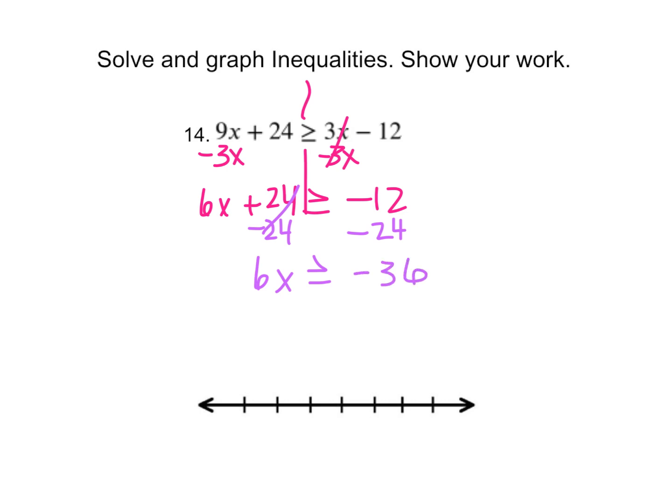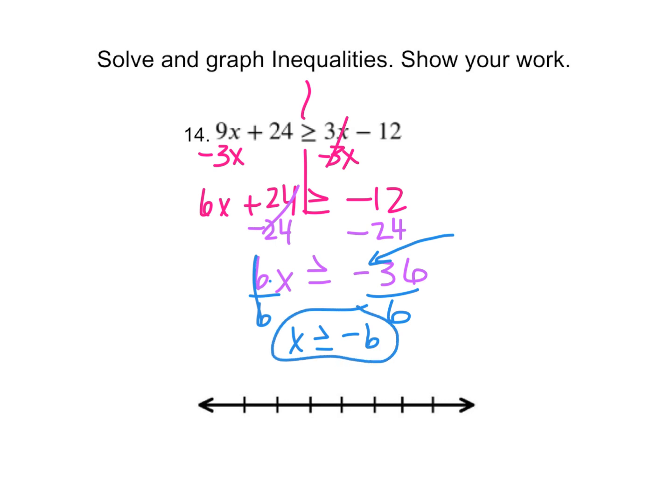Okay, now 6, this means 6 times x. The inverse of times is dividing. Now, even though there's a negative over here, we're not dividing by a negative, so we don't flip the inequality. So keep that the way it is, and we're going to get negative 6 as our answer.